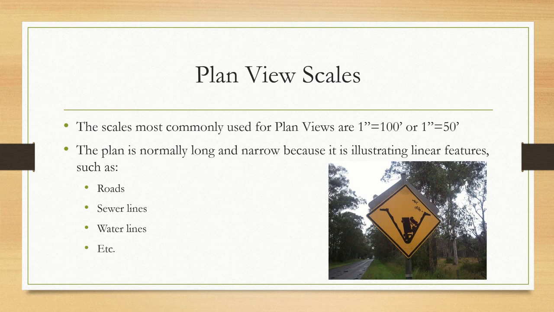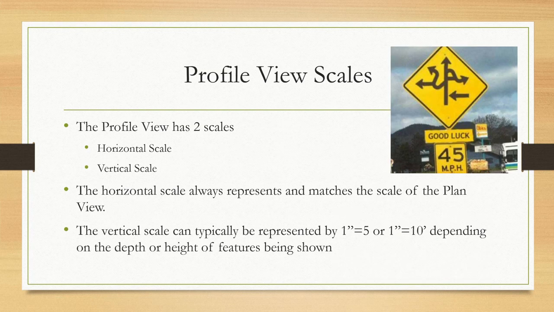The plan normally shows linear features, like roads, sewer lines, water, curb and gutter, sidewalk, etc. Profile view scales, typically they have two scales. They have a horizontal scale, which typically matches whatever your plan scale is, and then they have a vertical scale. So 1 inch equals 5 feet, or 1 inch equals 10 feet, something like that.